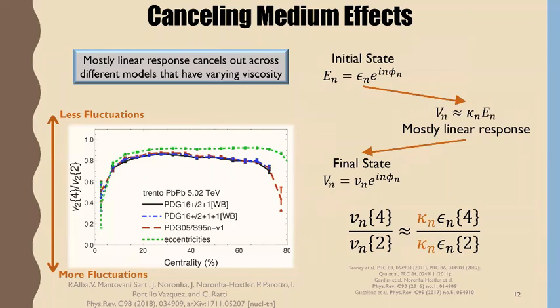But if you look at the ratio for similar coefficients, then you can cancel out the linear response coefficients. And in the plot over here, we do see that you get this canceling out, and it's more effective at the more central collisions. This ratio is also a good measure of the fluctuations of the specific geometry that you're looking at.